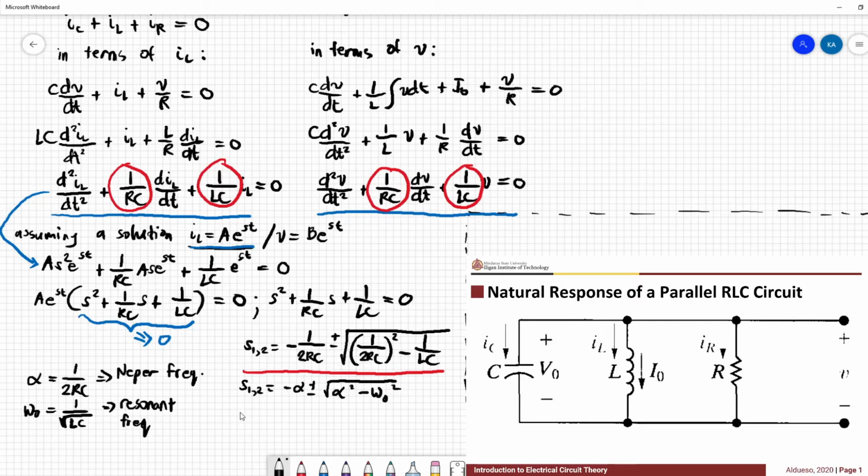We have the solution for i_L of t equal to A1 e^(S1 t) plus A2 e^(S2 t), or in terms of voltage, V1 e^(S1 t) plus V2 e^(S2 t).